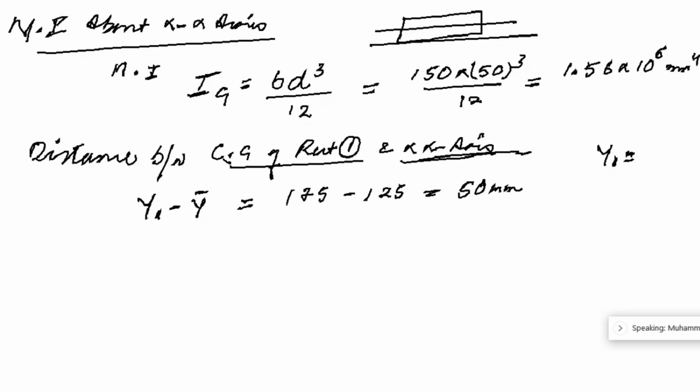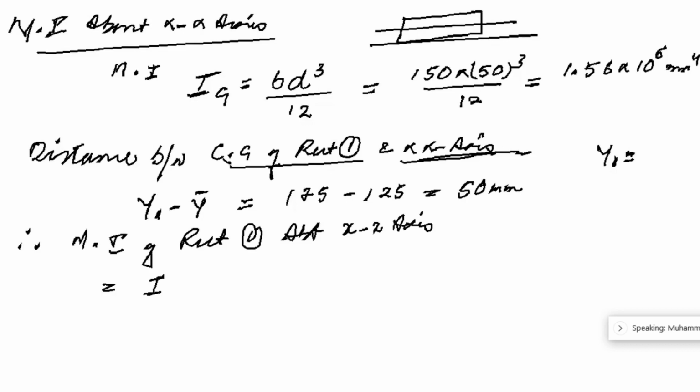Therefore, now we can calculate the moment of inertia of rectangle 1 about x-axis, which is equal to IG1 plus A1 H1 square.